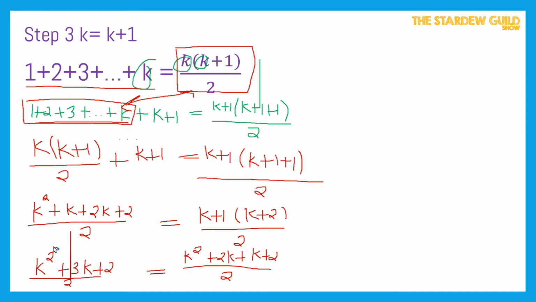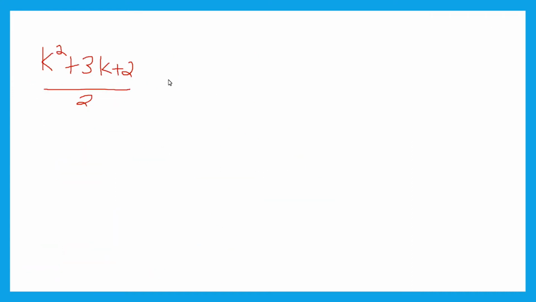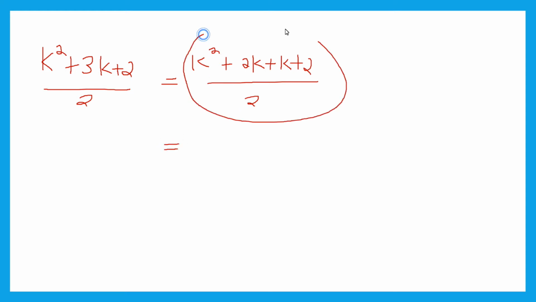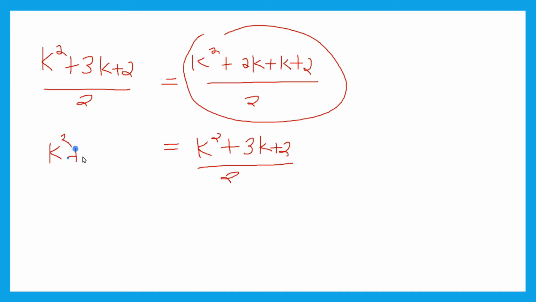So k squared plus 3k plus 2 over 2, I'm just copying this, is equal to k squared plus 2k plus k plus 2 over 2. Then simplify the other side here, and it will become k squared plus 3k plus 2 over 2. Then bring down k squared plus 3k plus 2 over 2.